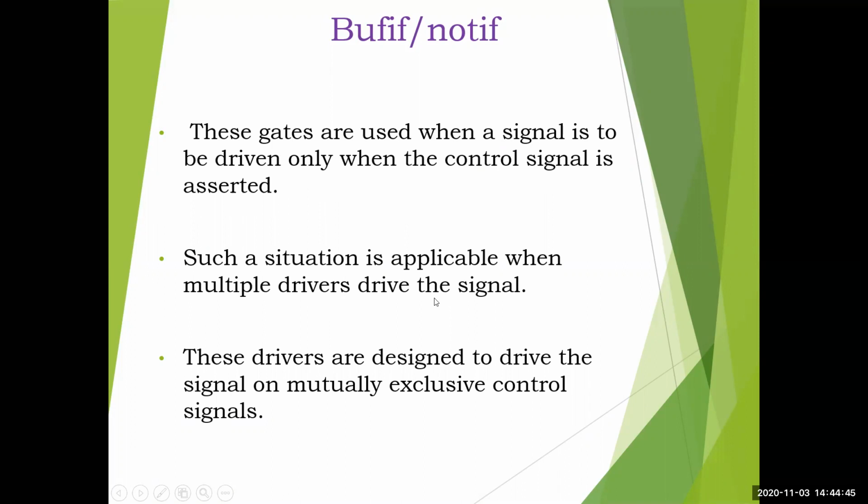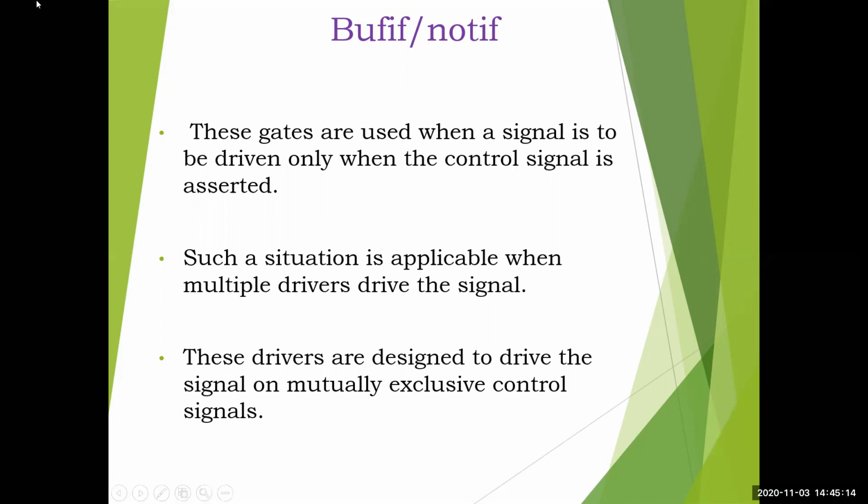In real-time digital circuits, the CPU output, for example, has to drive a scanner, printer, or some other device. These drivers are designed to drive the signal on mutually exclusive control signals.